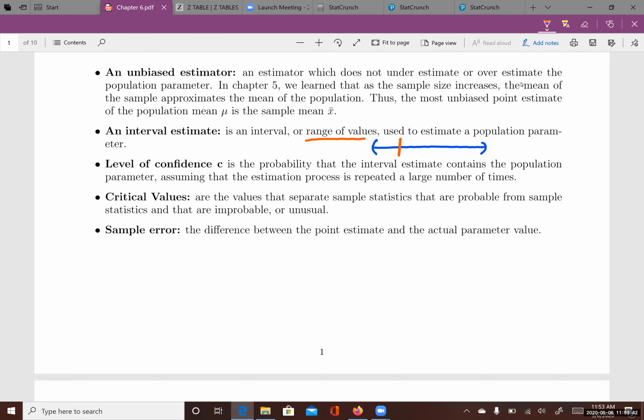Then what is the level of confidence? The level of confidence is the probability that the interval estimate contains the population parameter, assuming that the estimation process is repeated a large number of times.